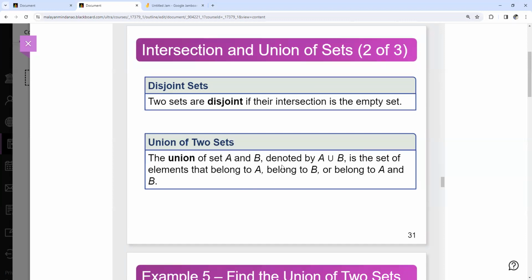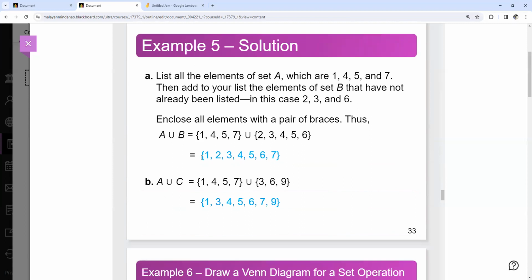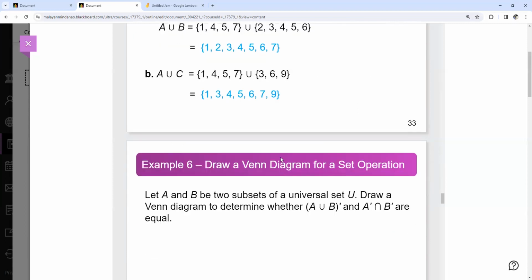The union, on the other hand, is the set of elements that belong to A, belong to B, and belong to both A and B. For example, A union B, where A is 1, 4, 5, 7, and B is 2, 3, 4, 5, 6. All those elements, including the common ones, are listed for A union B. So A union B is 1, 2, 3, 4, 5, 6, 7.